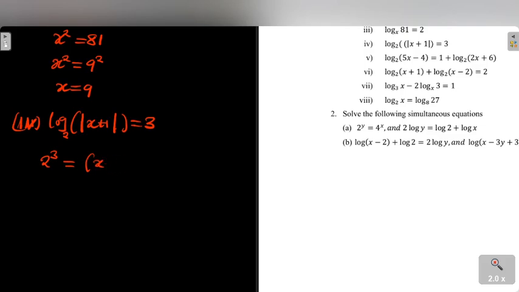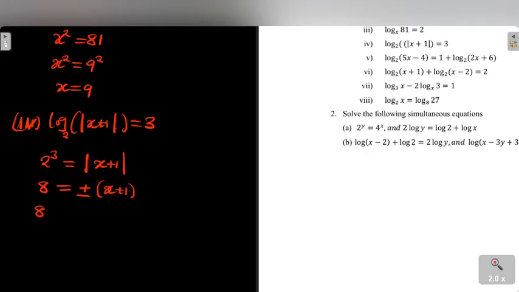I'll first maintain the modulus symbol. So we say 2 to the power 3 is equal to the modulus of x plus 1. Then 2 to the power 3, that's an 8, which will be equal to, so we remove the modulus, meaning that we have plus or minus, open brackets, x plus 1.